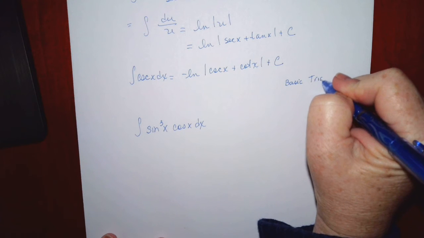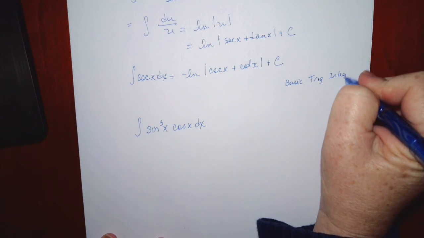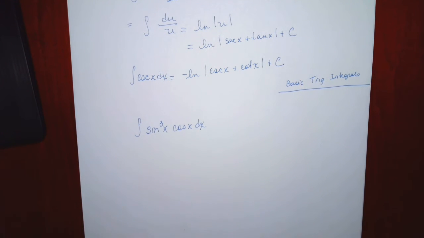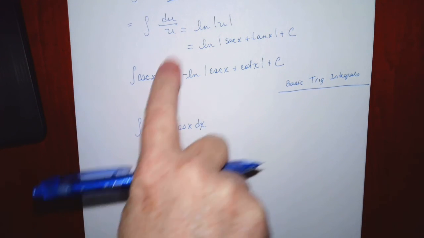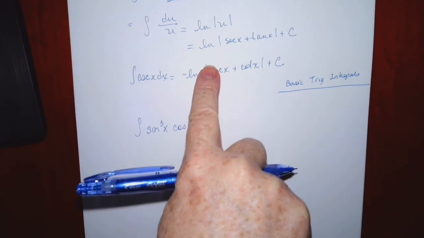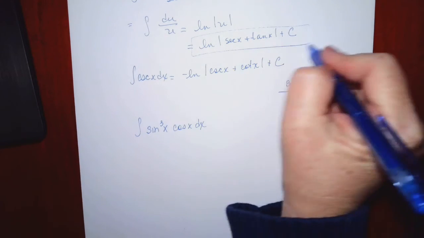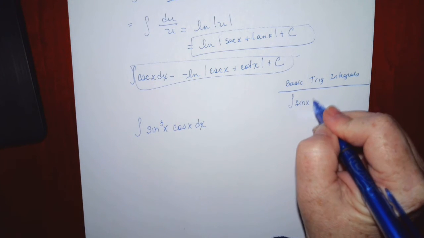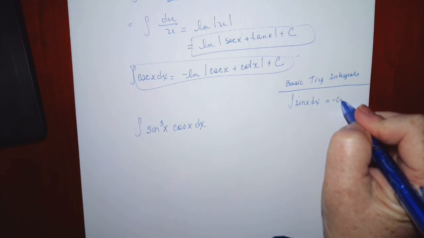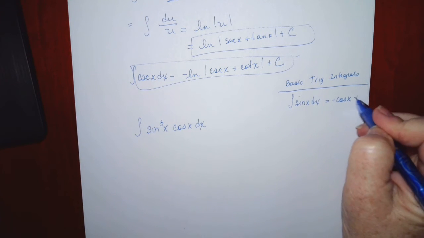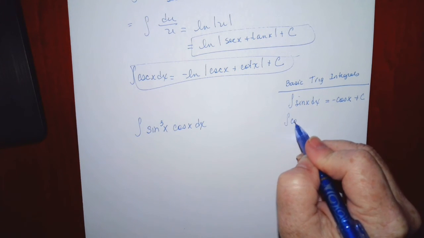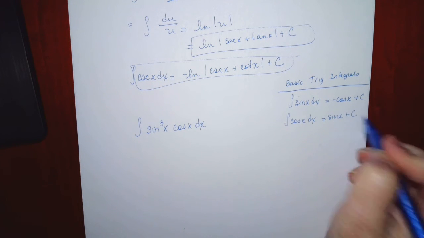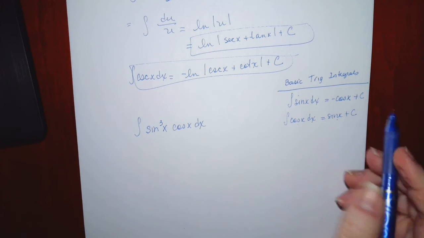So our basic trig integrals that we know from either u substitution or just the fact that they're derivatives of others, in addition to these two that we just talked about, so we have this one and we have this one. We know that the integral of sine x dx is negative cosine x. We know the integral of cosine x dx is sine x, because the derivative of sine is cosine.